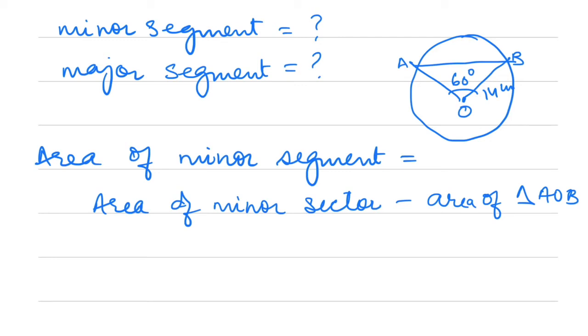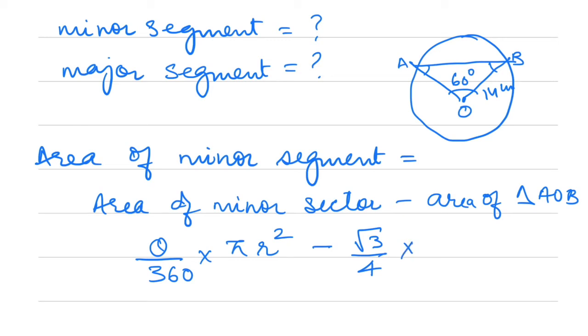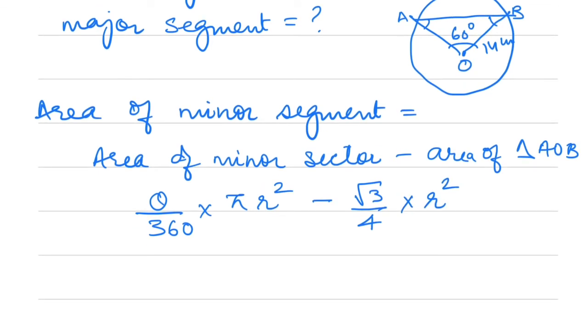Area of minor sector will be equal to theta by 360 into pi r square, minus area of triangle. As the central angle is 60 degrees and OA is equal to OB, both are radii, the other two angles will also be equal, so we can take these two angles as 60 degrees. So it is an equilateral triangle, and the area of triangle will be root 3 by 4 into radius square.